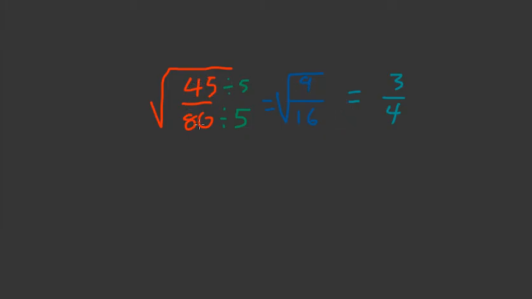So even though this doesn't look like something we could technically square root, in the end we could, because we reduced it first, and then after we reduced it, we could square root it. So when we change it to a smaller term, in this case 9 over 16, then we can square root the 9 over 16, and that equals 3/4.